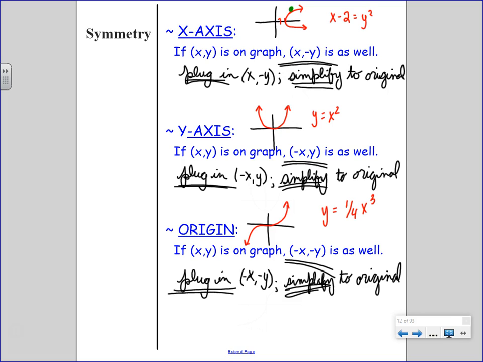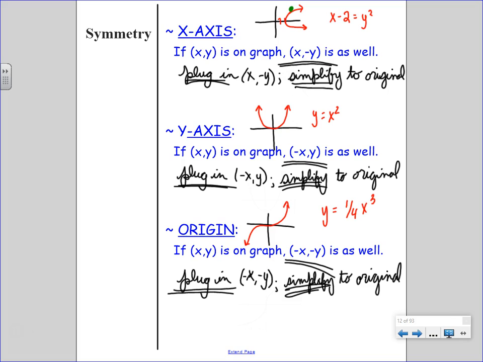This would have an x of approximately 3, and a y of, well, if I plugged in over here, it'd be 3, 1. So if 3, 1 is on the graph, what else should be on the graph? 3, negative 1. Does that make sense? If 3, 1 is on the graph with x-axis symmetry, 3, negative 1 is also going to be on the graph. Yeah, because if it's up, it's going to be down.